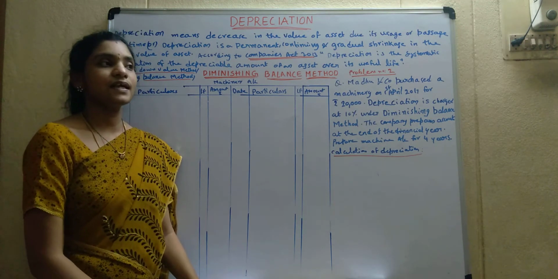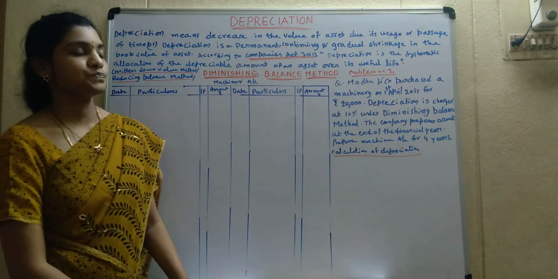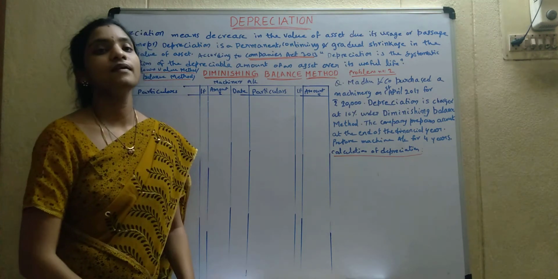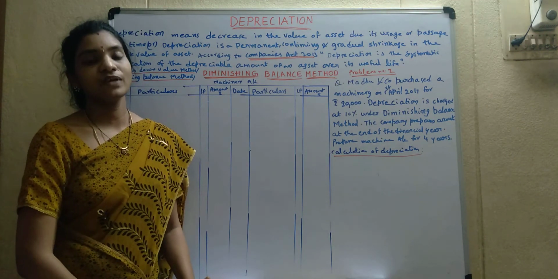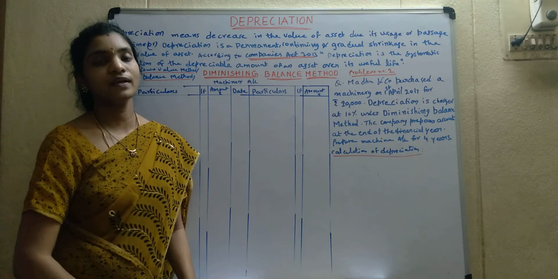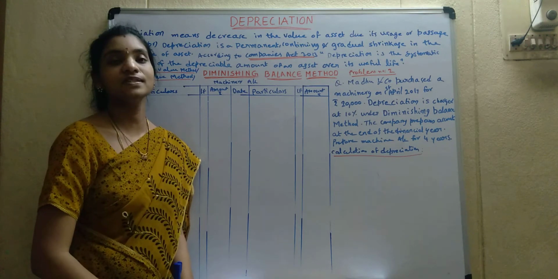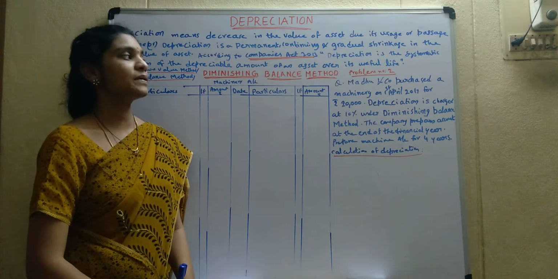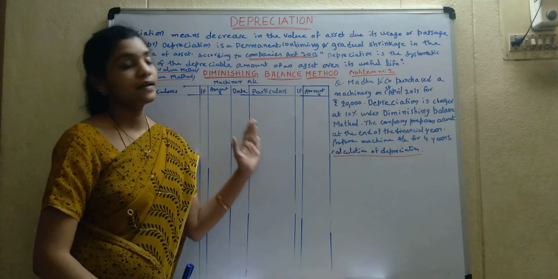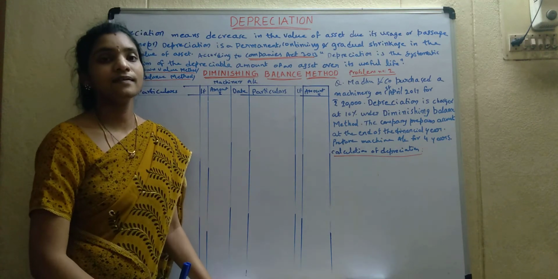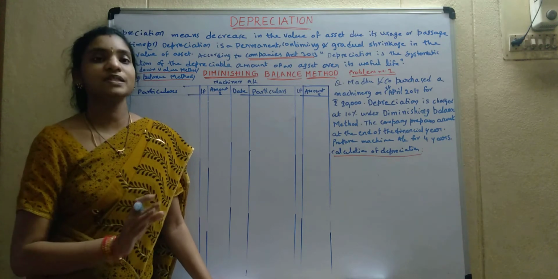In the last class, for the fixed installment method, we calculated depreciation once. It is sufficient to calculate depreciation once in the fixed installment method. But in this diminishing balance method, it is not sufficient to calculate depreciation once.